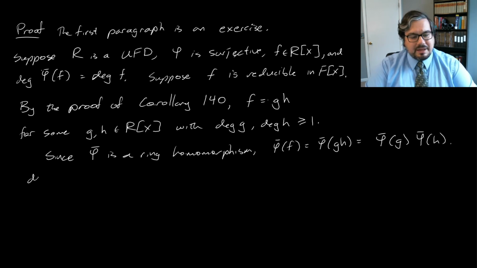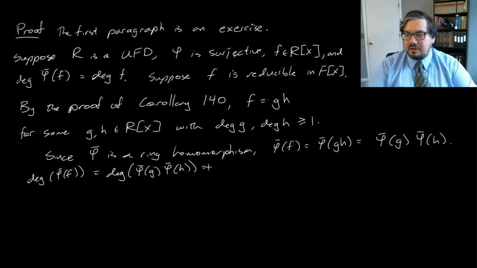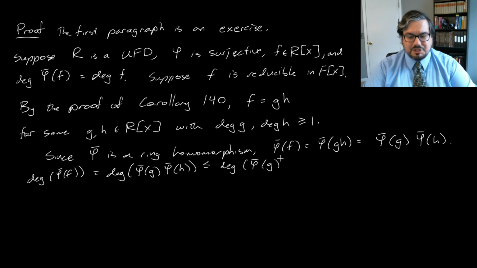Now we have that the degree of phi bar of f is equal to the degree of phi bar of g times phi bar of h, which is less than or equal to the degree of phi bar of g plus the degree of phi bar of h.